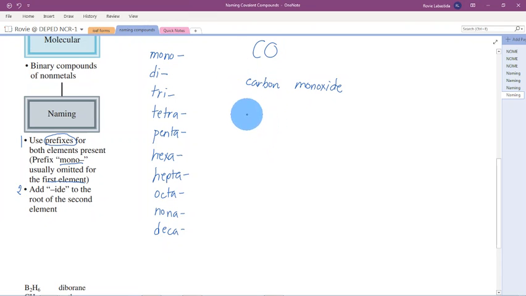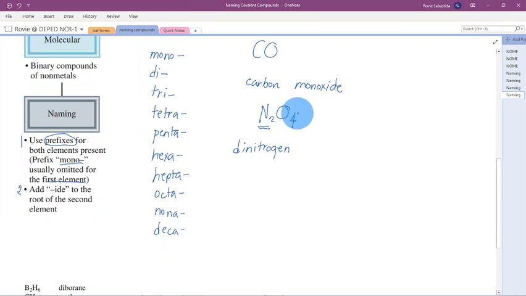Let's have another example. Let's say we have N2O4. Let's name the first element, which is nitrogen. Since there are two atoms of nitrogen, we will use the prefix di for the first element. So dinitrogen means there are two atoms of nitrogen.